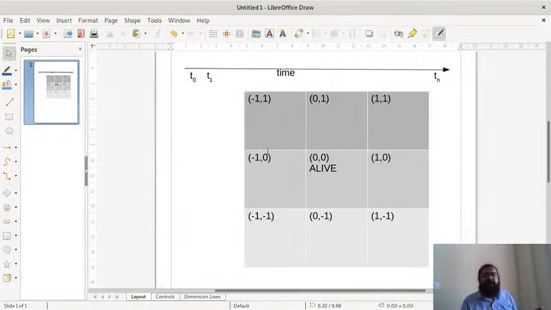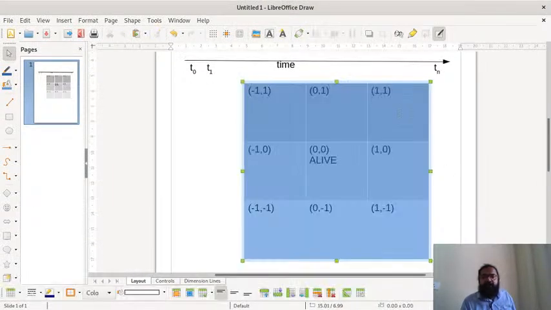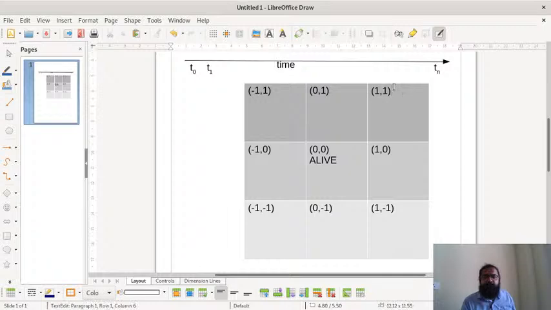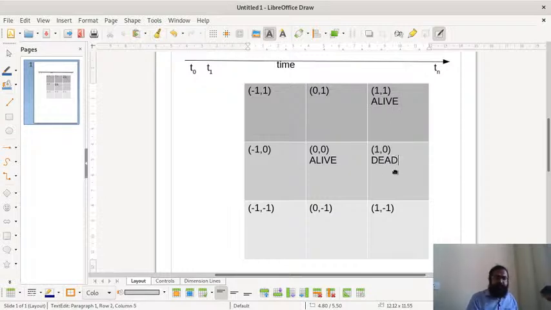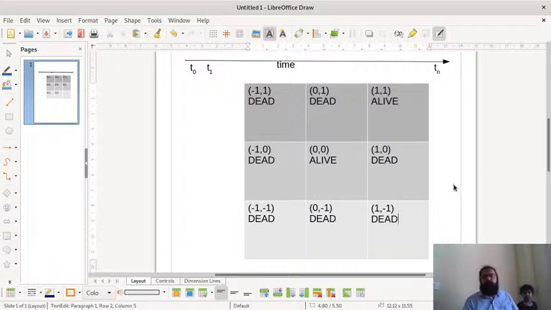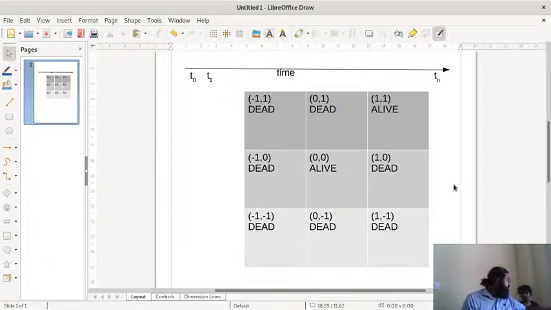It means that only one among these is alive, so let's assume that this one is alive, and this is dead, this is again dead, and so on for the rest, all dead.